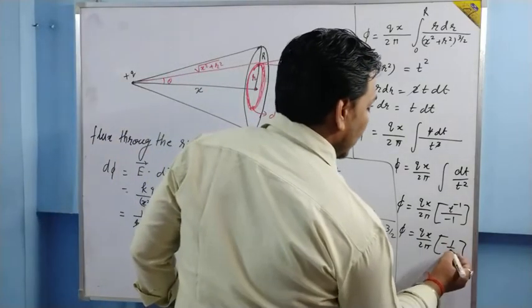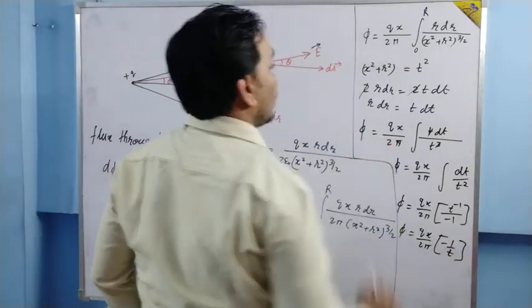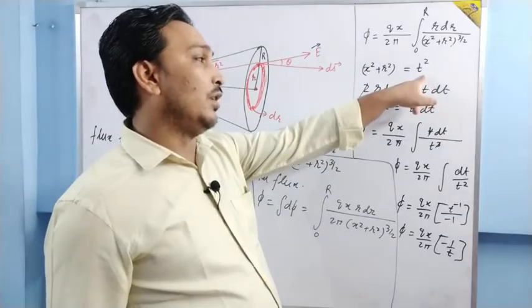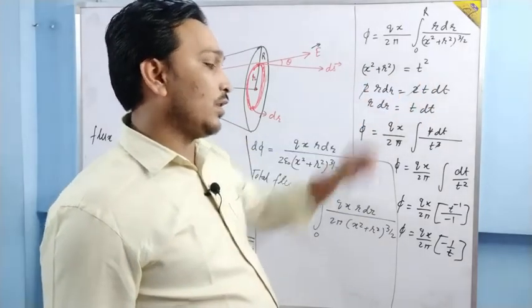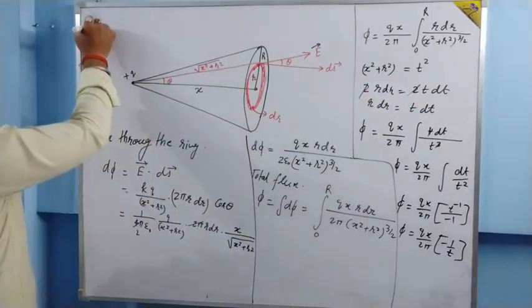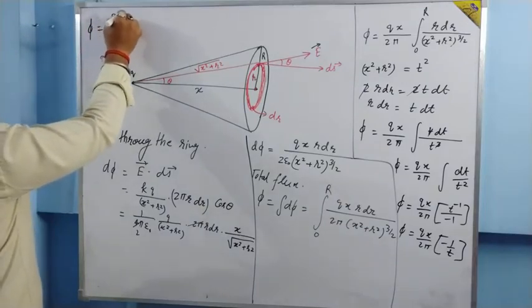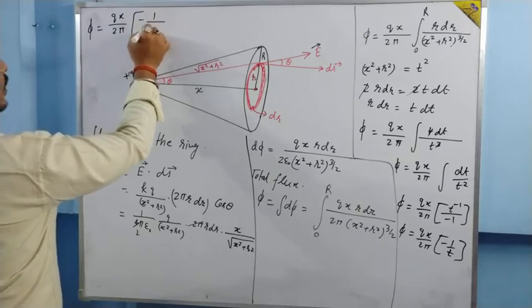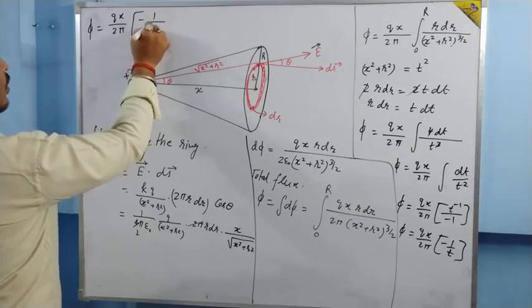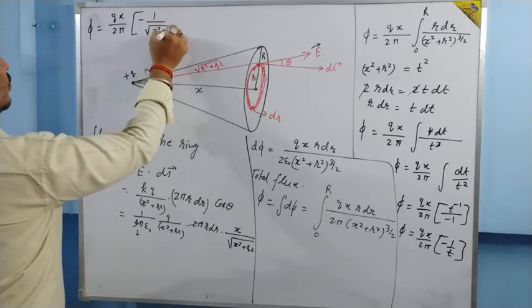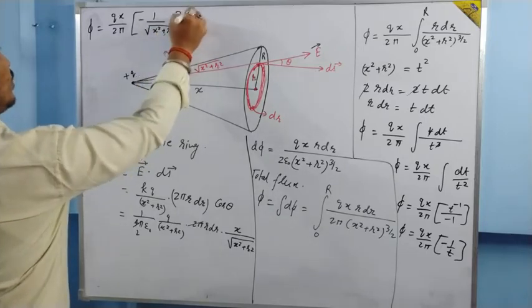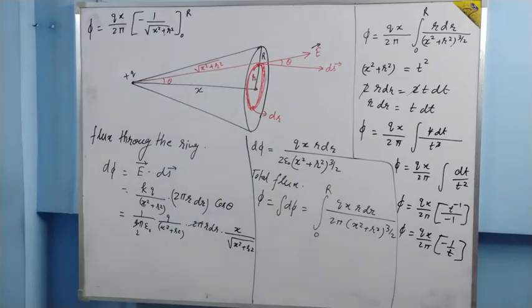Our variable is basically r. So in place of t we can put under root x square plus r square. So this integration is phi is equal to qx upon 2 pi minus 1 upon under root x square plus small r square, and the limit goes from 0 to capital R.